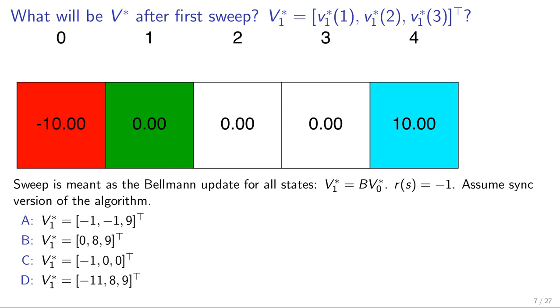One sweep means you do that update, starting from the initial values written here. From the formula on the previous slide, it basically means summing the reward plus the initial values you get with each of those actions, and taking the max. So the value is the one that corresponds to the best action you can take.